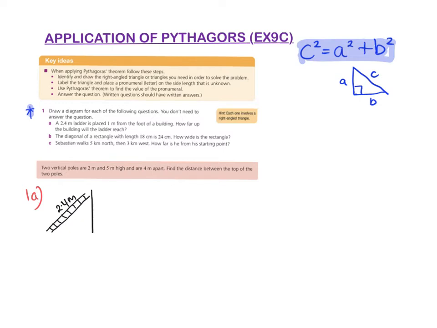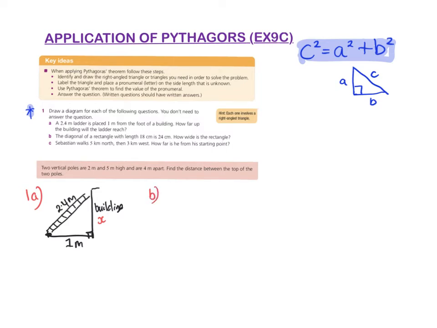Say it's leaning up against this here, this is the building, and they're saying it's 1 metre from the foot of the building, so from there to the foot of the ladder. And it says how far up the building will the ladder reach? In that instance, that will be the question, so they don't want us to solve it at the moment, but we can do that in a minute.